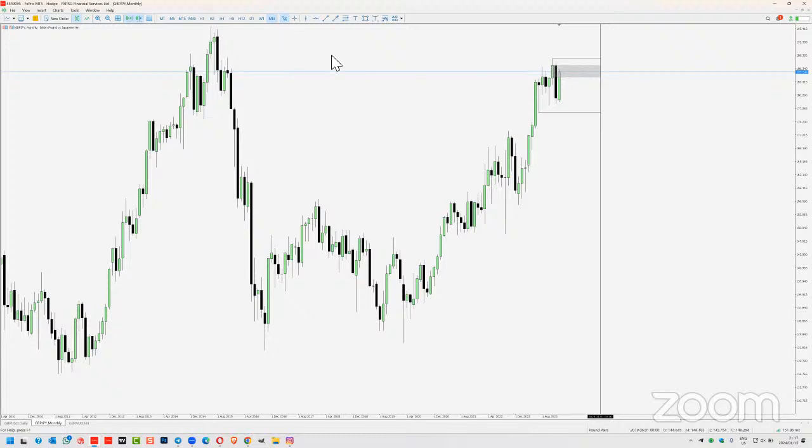Now, you have to understand that pound yen has got big ranges, right? It can move 300 pips, just like that. So in terms of your points of interest, in terms of your PD areas, you just need to mark out the obvious. So we've got our old low and our old high.